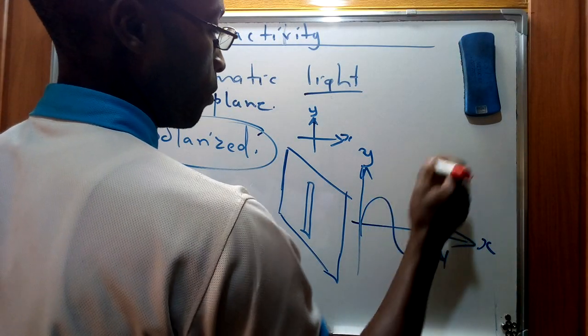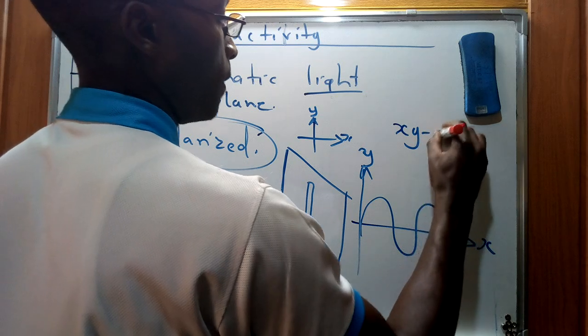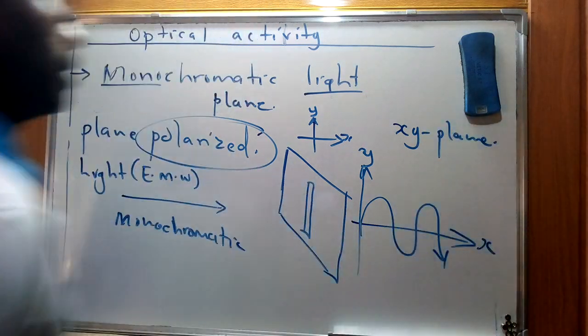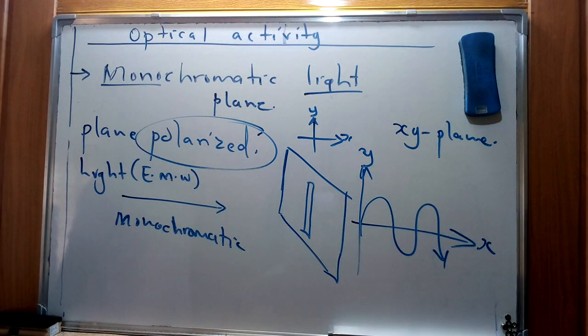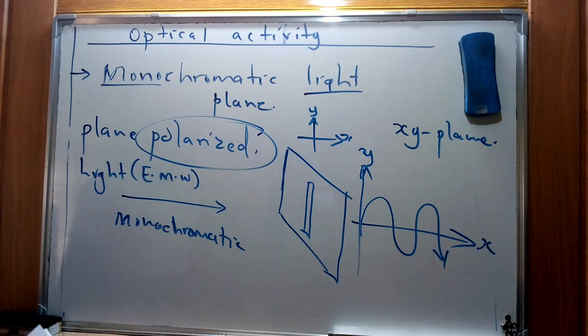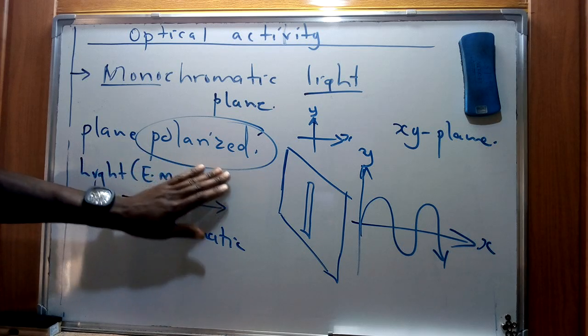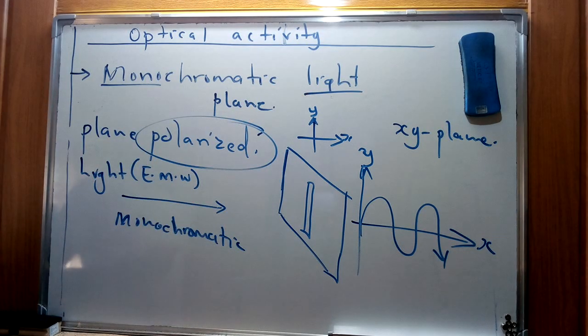And in this sense, for my illustration here, we are going to have a wave that is only traveling in the x and y plane. So that gives the general illustration of the way in which this statement describes plane polarized light and the aspect of light as such.